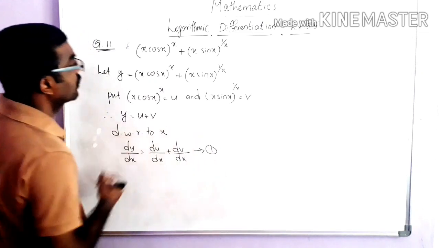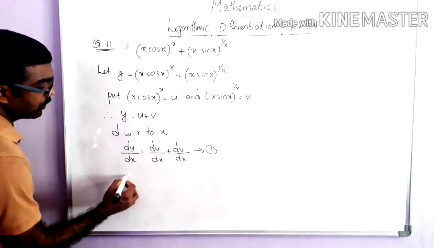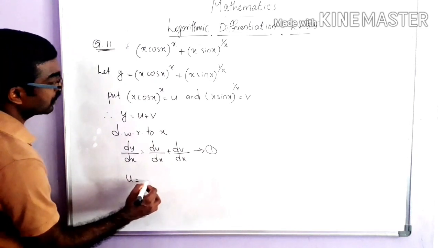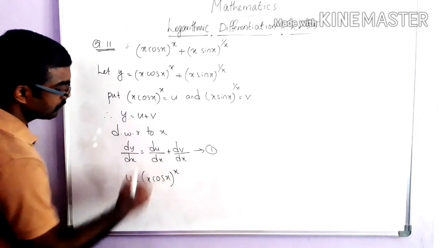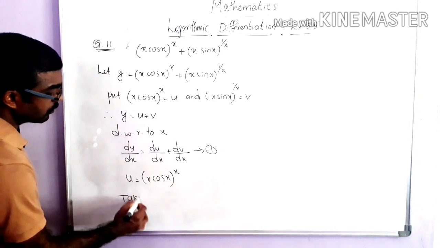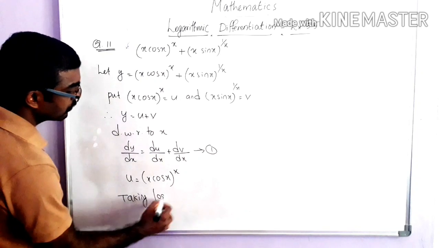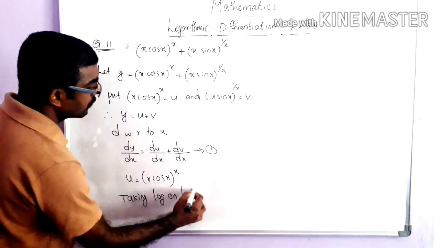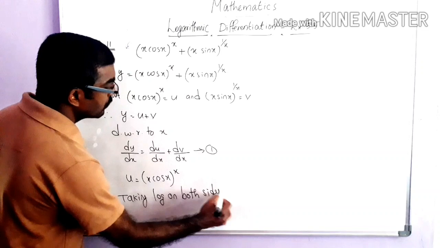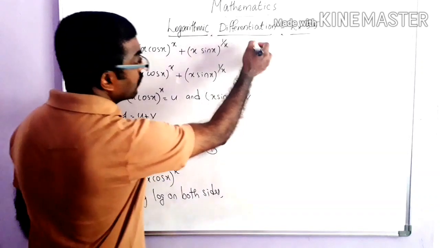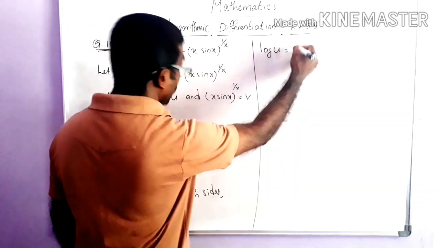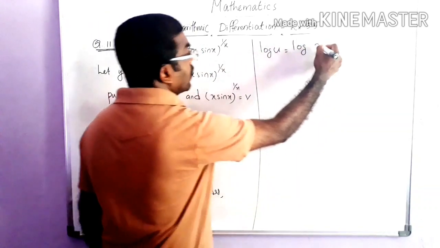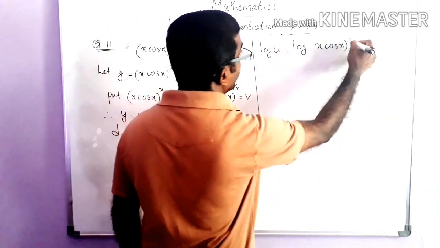Now let us take u is equal to the first one, that is x cos x the whole raised to x, and taking log on both sides, that is log u is equal to log of x cos x raised to x.